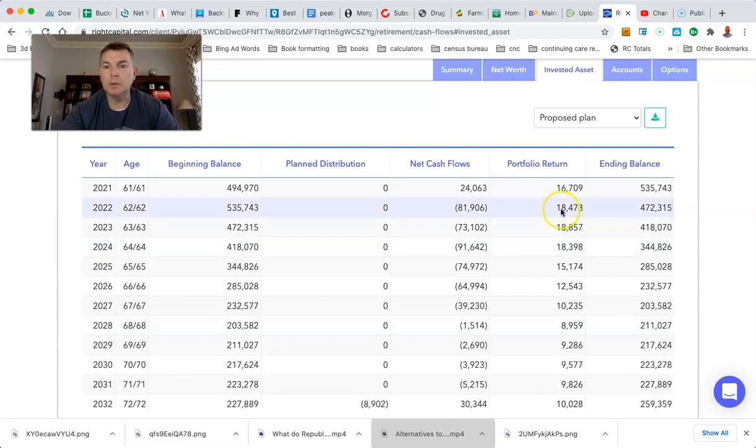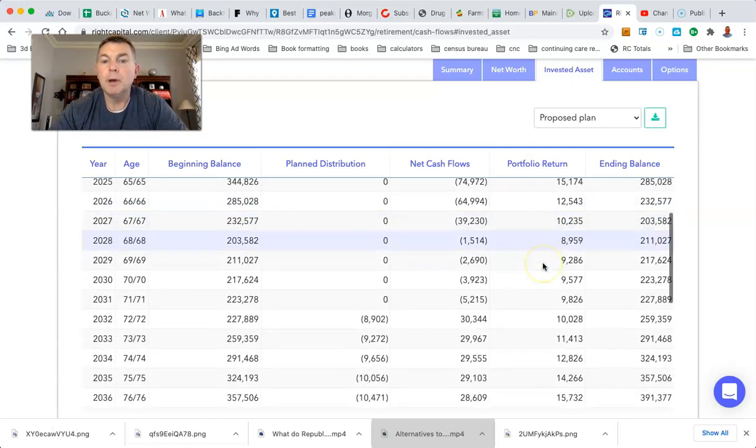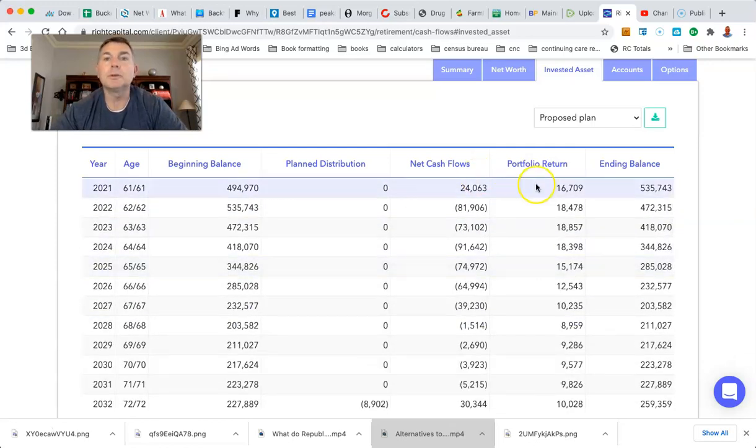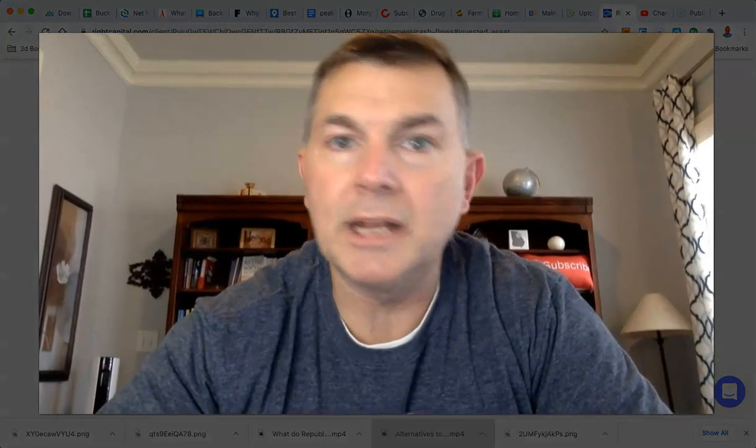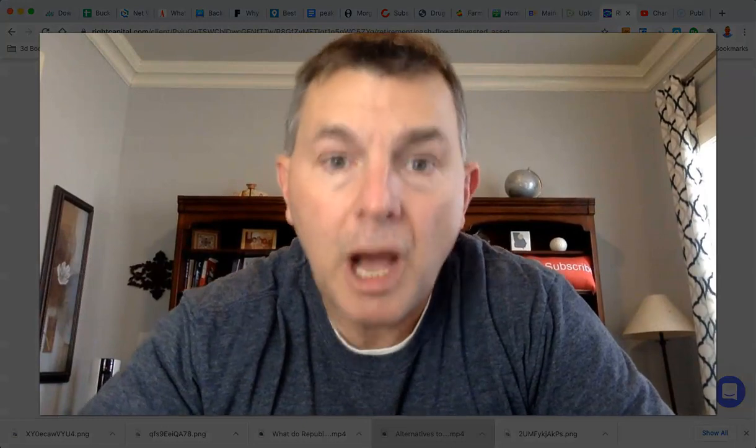In this case, we had 18,478 portfolio return on $535,000, but we also took money out, so it's going to be a little bit less than 4.4. But what's happening here is our portfolio return is always giving us 4.4% each and every year. So the net worth includes any asset you have there on top of just your liquid assets plus the linear rate of return, 4.4, 4.4, 4.4 each and every year.